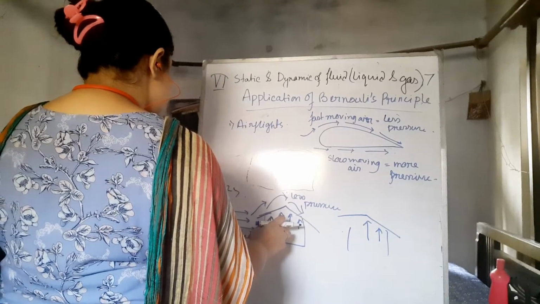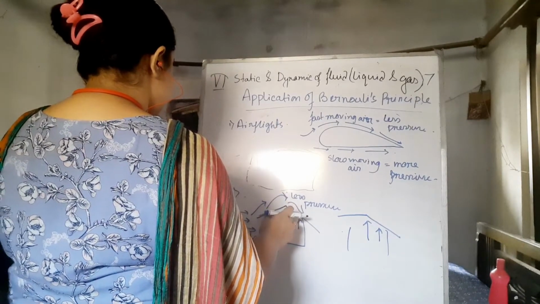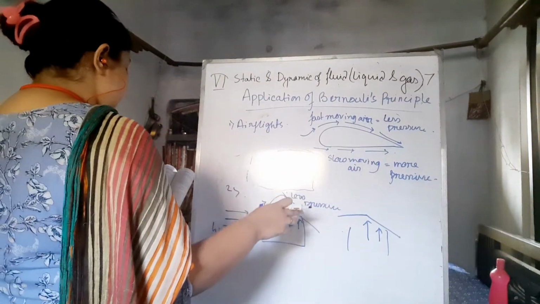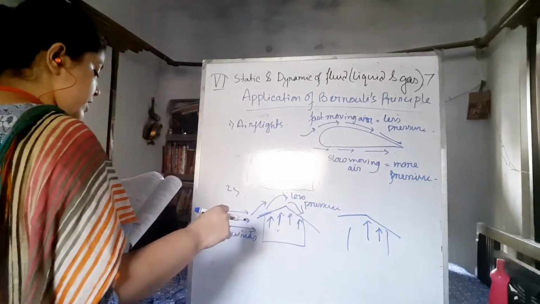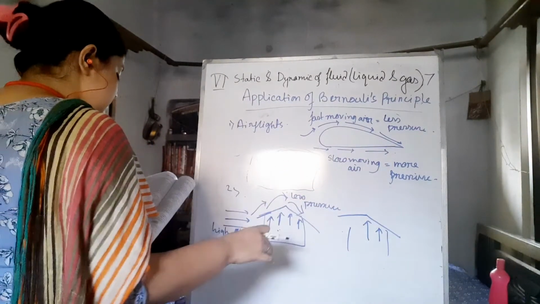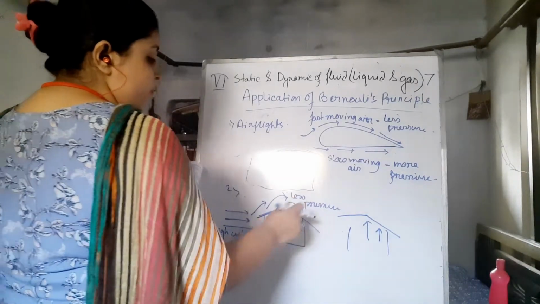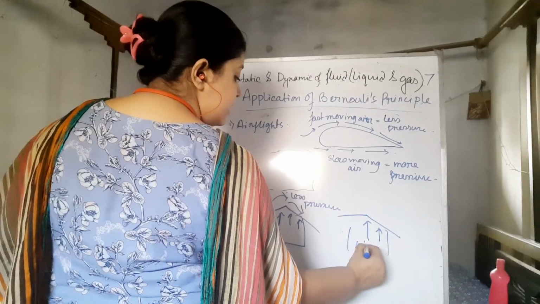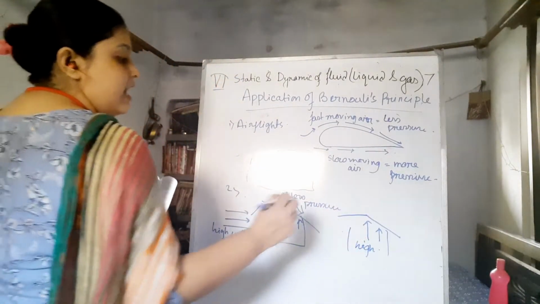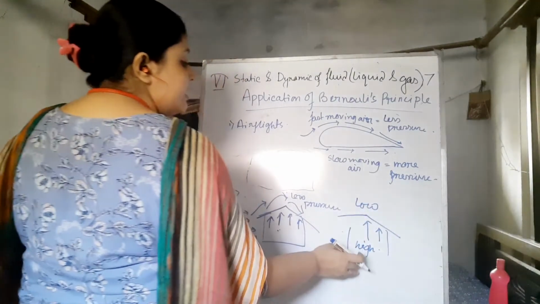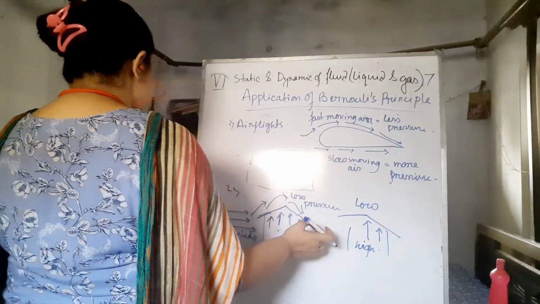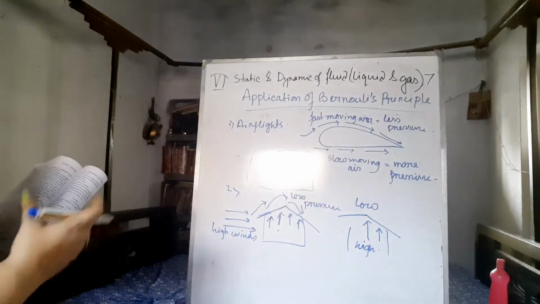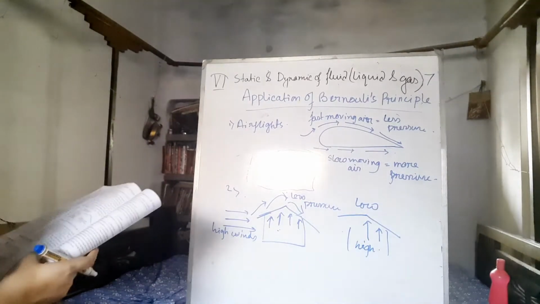If the outside pressure is lowered significantly by the high winds of the tornado, the roof just lifts up like a bird's wing due to the greater atmospheric pressure below it, and the pressure is no longer equal. When the outside is low and the inside of the house is high, it creates more force and can easily tear off the roof. So we can conclude that it is an application of Bernoulli's principle.